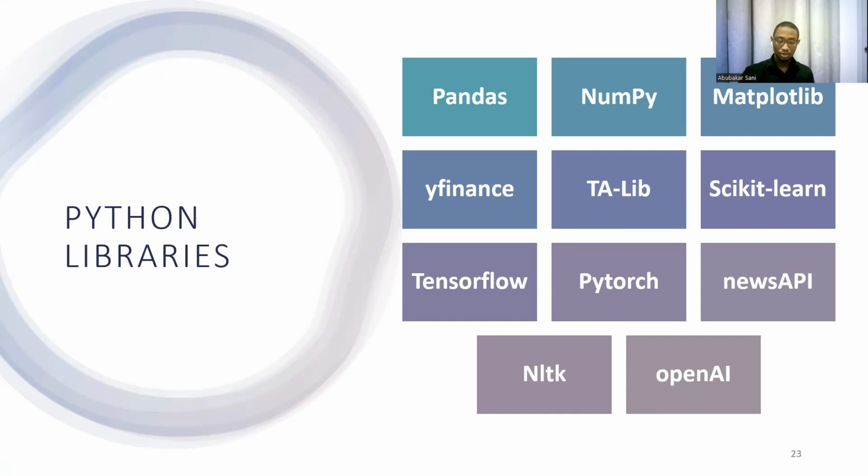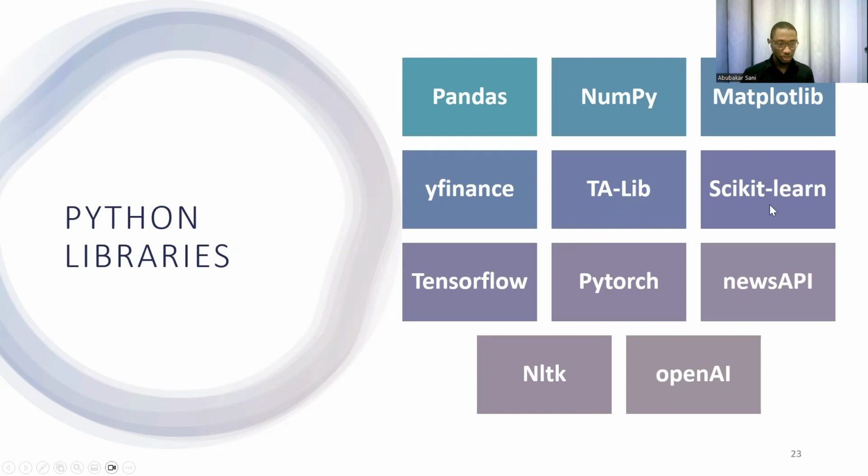You can get information about stocks, forex, crypto, and so on, including historical data. Technical analysis library, if you want to use technical indicators, for example moving average, MACD, Bollinger Bands, what have you, they have developed it specifically for that.